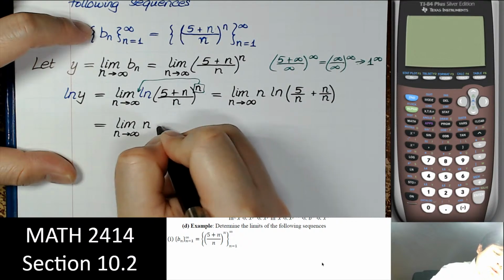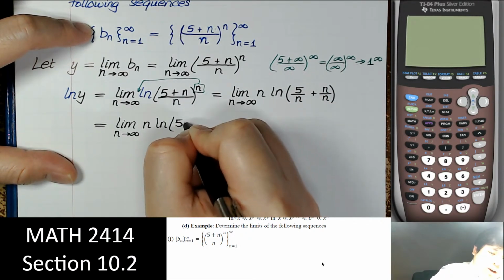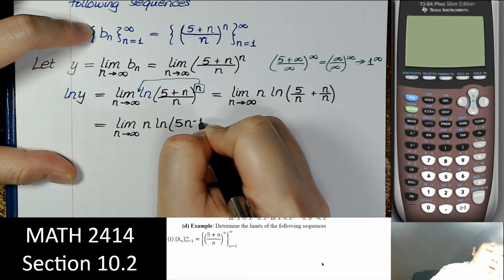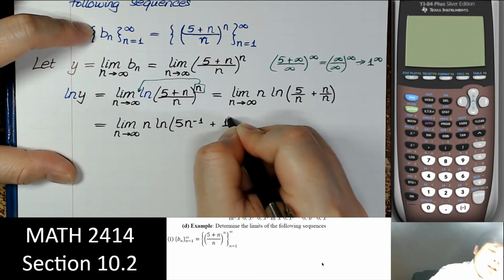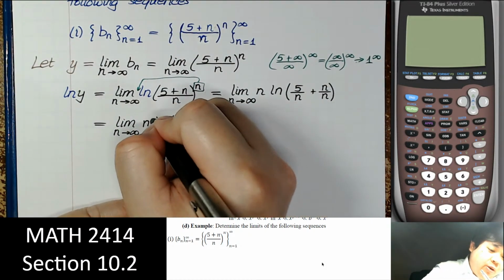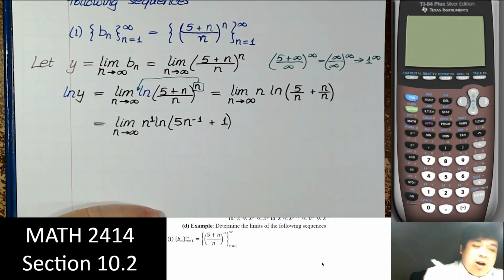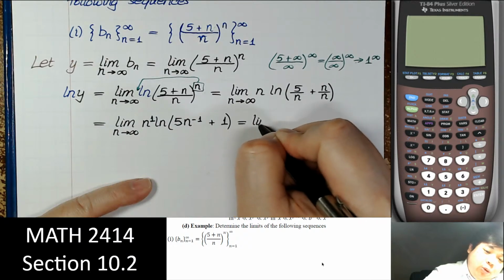So 5 over n, we can write as 5 times n to the negative 1. And n over n cancel out is 1. So we can write like that. Now, by default, we can say n to the first power.